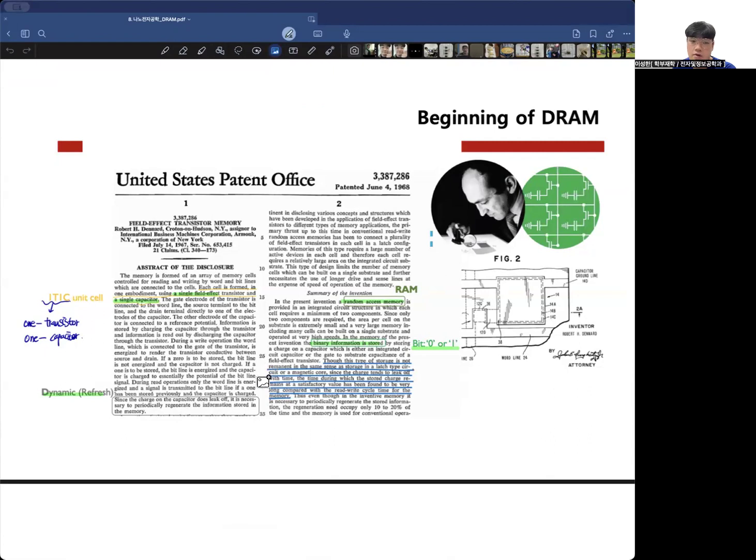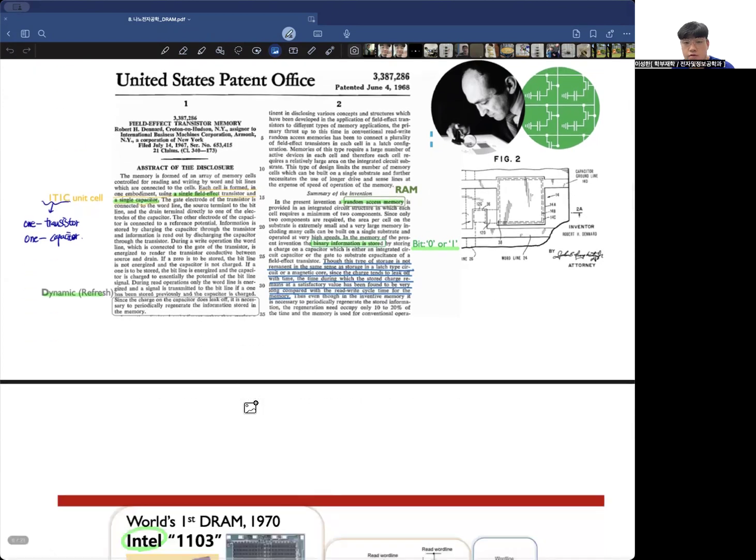We have to refresh this DRAM to sustain the data because of the characteristic of the capacitor: as time goes on, the capacitor discharges. To solve this problem, we need a refresh process.